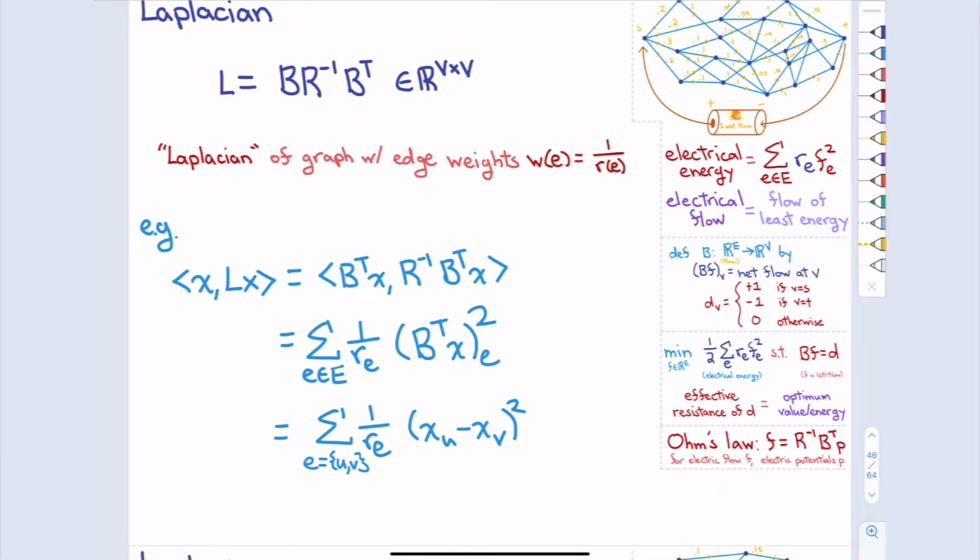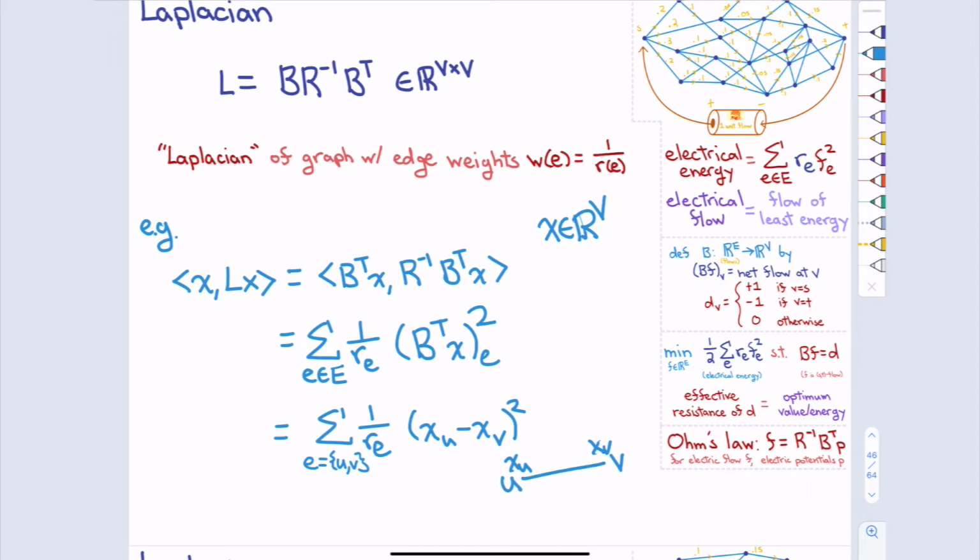You're taking as input some kind of vector of potentials over vertices. Okay. And what the Laplacian does is it sums over all the edges, and it says, okay, here's an edge between U and V. What are the values at the endpoints? And then let me look at the difference and square it.